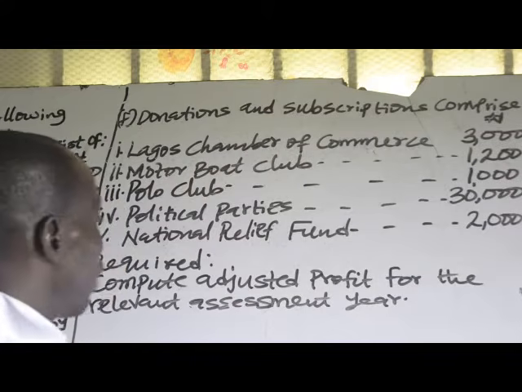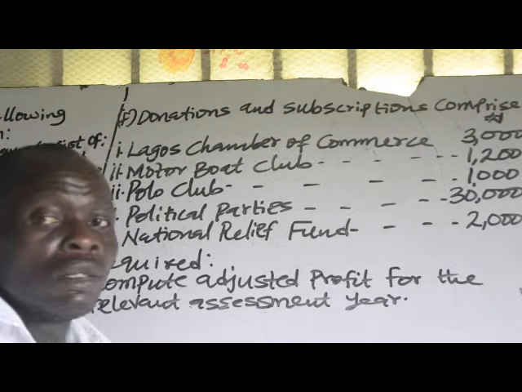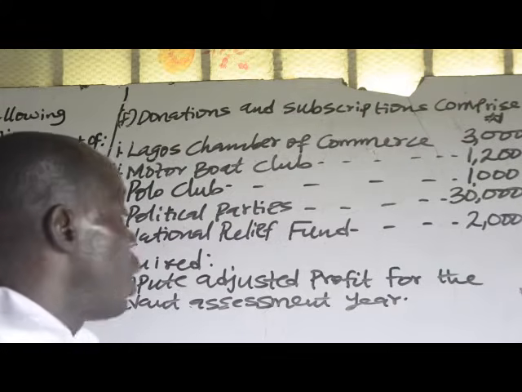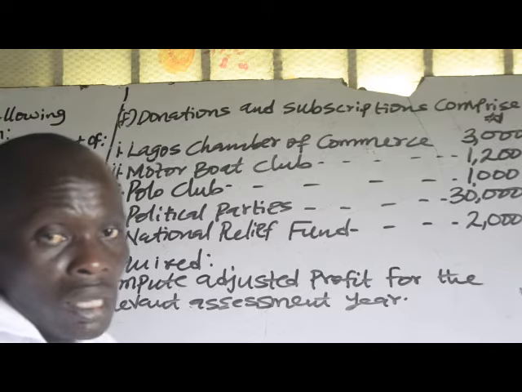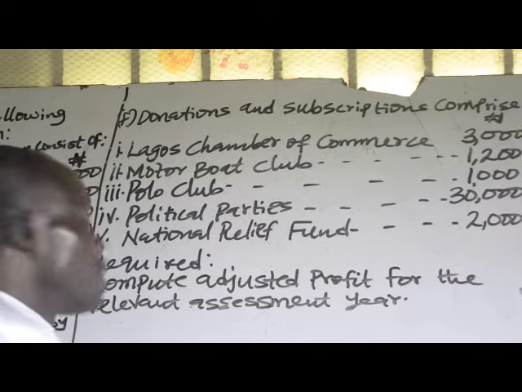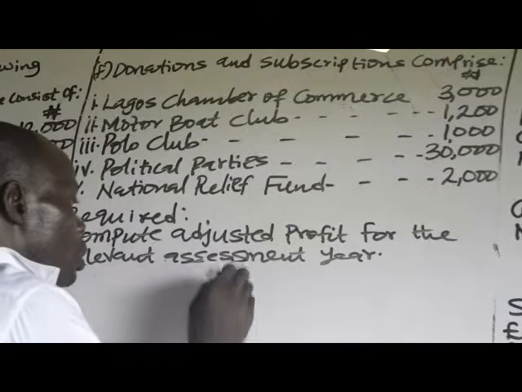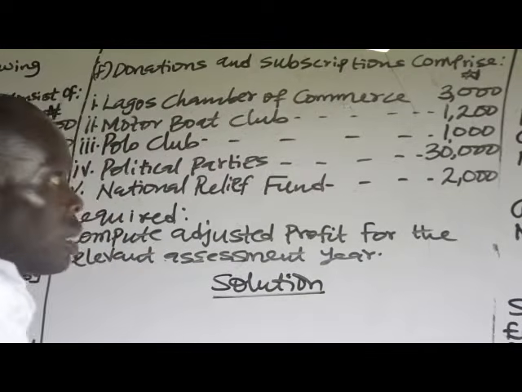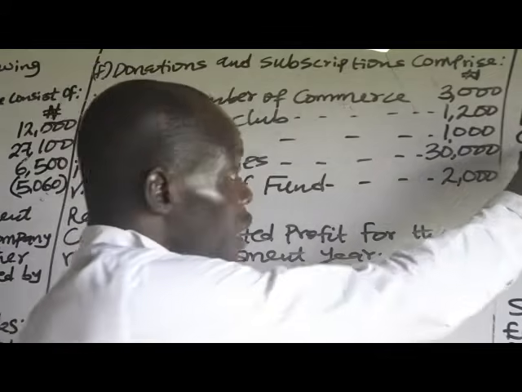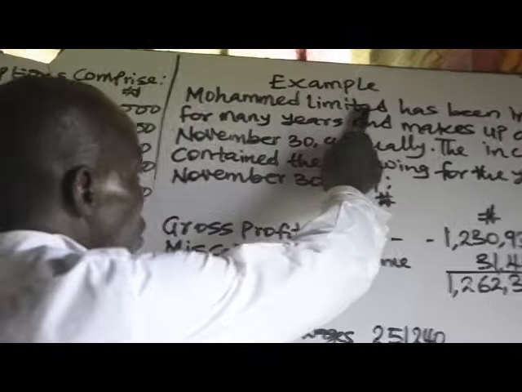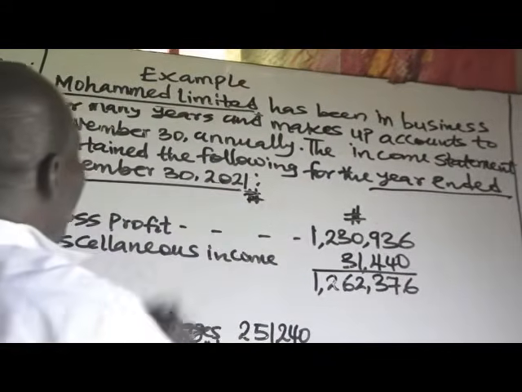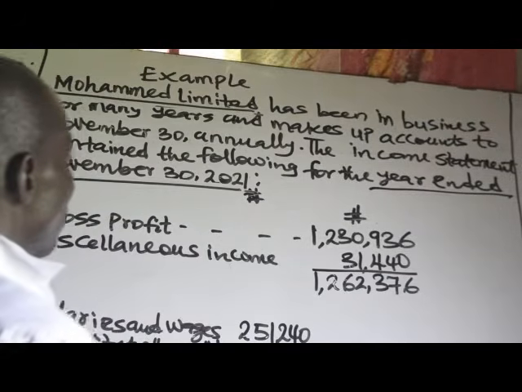That is the question. This question is obtained from the study text of the Institute of Chartered Accountants of Nigeria, ICAN Advanced Taxation. Solution. Now, the name of the entity is Mohammed Limited. And the year end of Mohammed Limited is November 30, 2021.